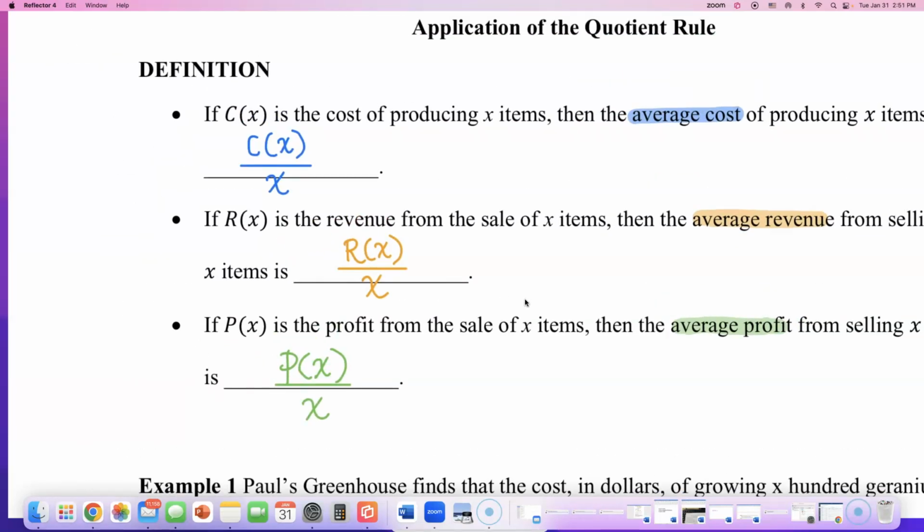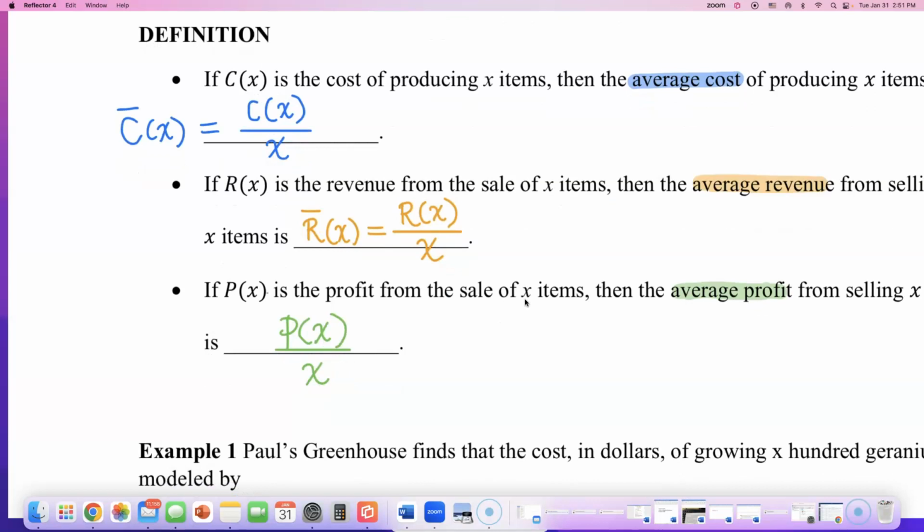And let me give you some notation over here. For the average function, we can use this symbol, C with the bar on top. So if I ever use that in class, you'll know that symbol means the average cost. Similarly, if I want to call it average revenue, I can put a bar on top of R, R of X like this, and that's the average revenue.